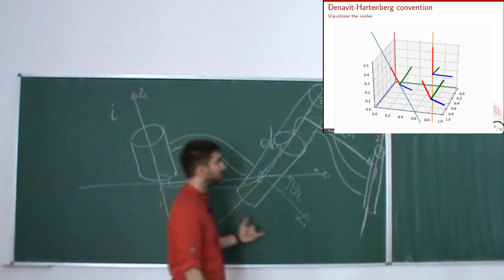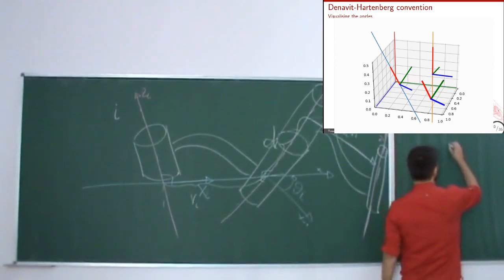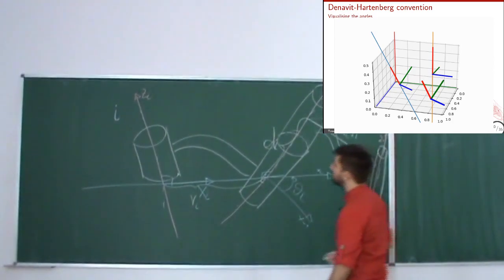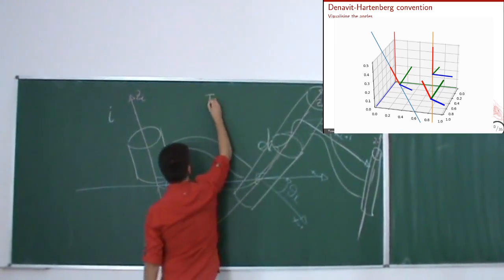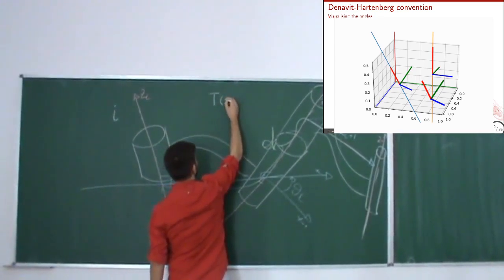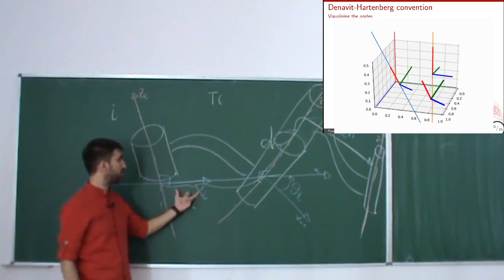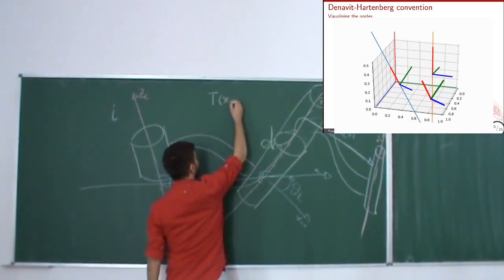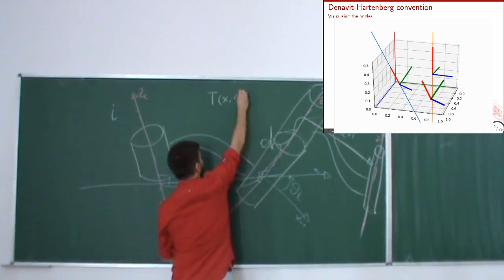I'll write it here. So translation on which axis? X-axis by Ri.